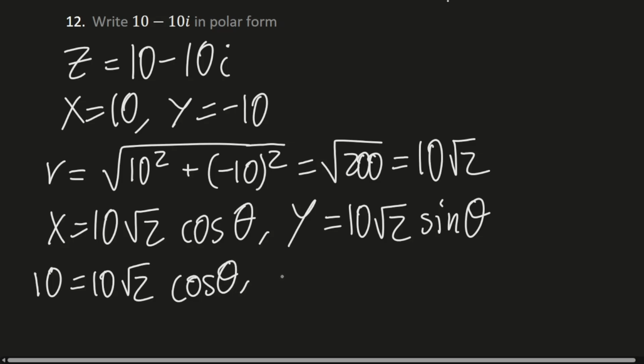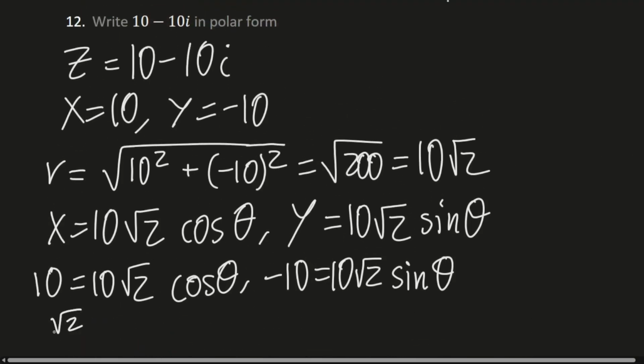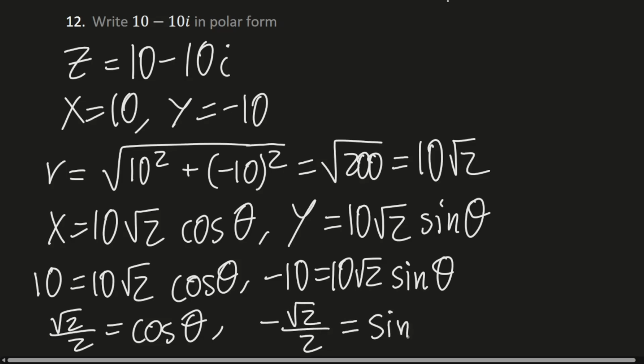And negative 10 is equal to 10 times the square root of 2 times sine theta. So if we simplify these two equations, it becomes the square root of 2 over 2 is equal to cosine of theta, and negative square root of 2 over 2 is equal to sine of theta.